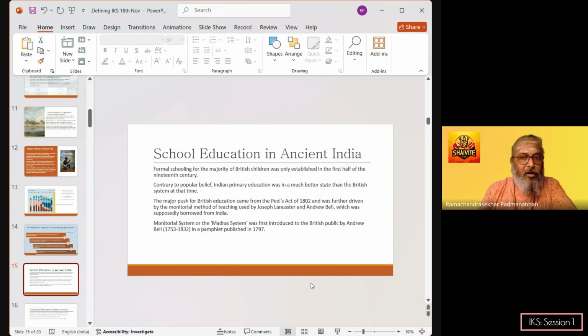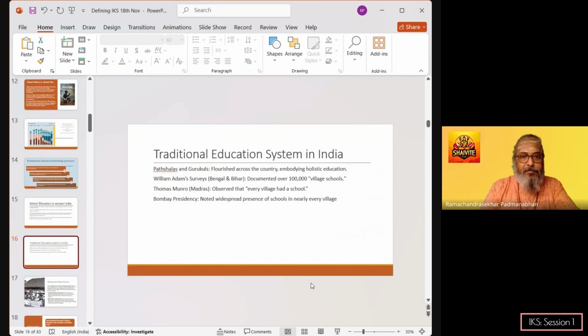So the formal education in Britain was using the system we call the Thinnai Pallikudam or the Madras system, as it is. So schooling was not a gift of the colonial masters. William Adam's survey documented over 1 lakh village schools just in Bihar and Bengal.